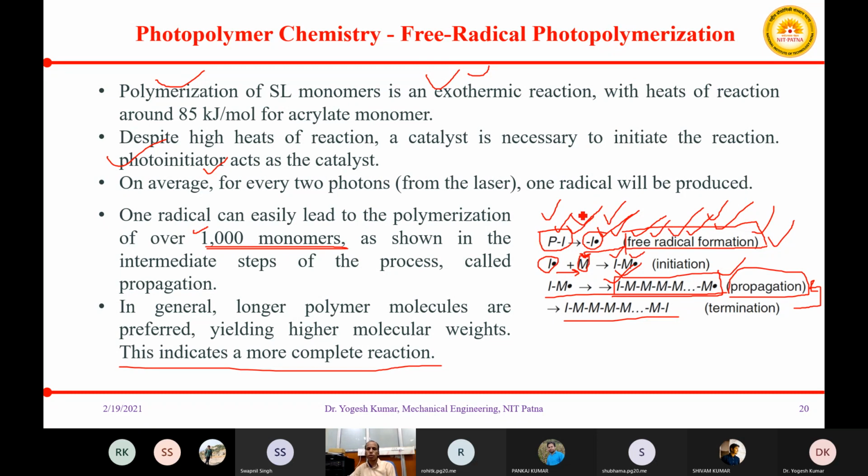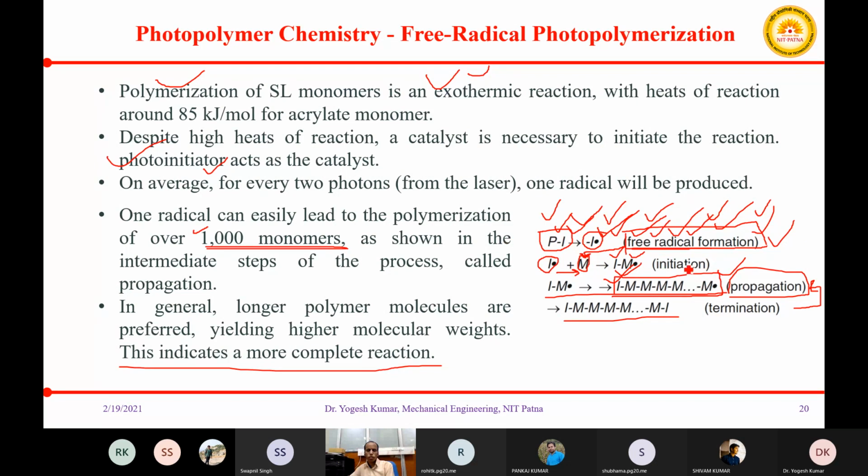UV rays. So obviously we have to decide for how much time we should expose our SL resin to UV rays or laser beam, whatever source we are using for free radical formation.